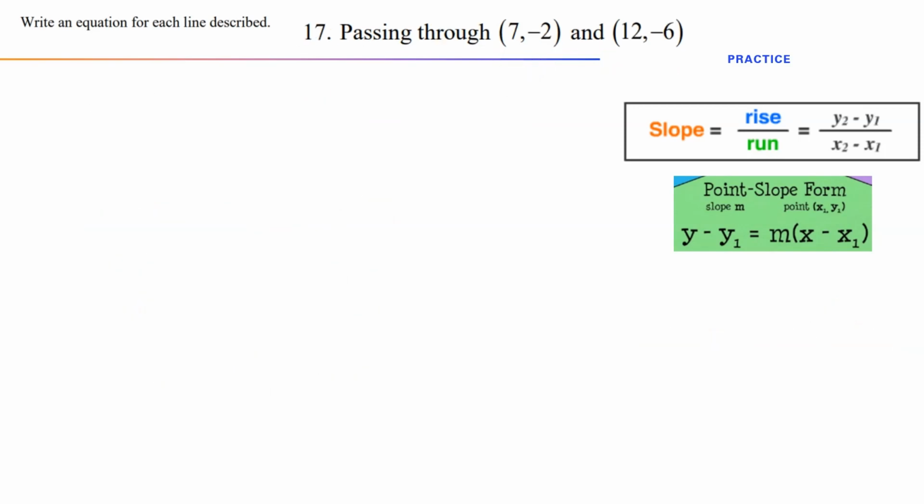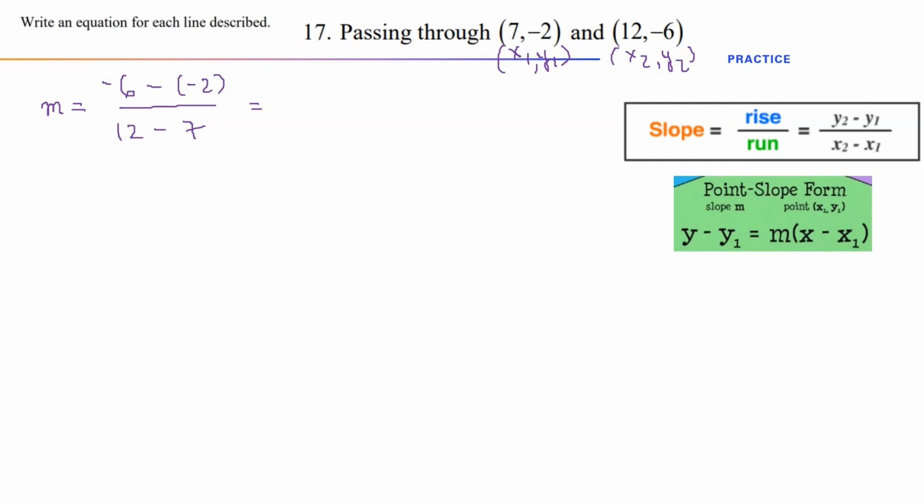Similar for this question, the first thing we have to find is the slope m. We know that this is x1, y1 and this is x2, y2. So we plug in. So now y2 is negative 6 minus y1, which is negative 2, and then we have x2, which is 12, minus x1, which is 7.